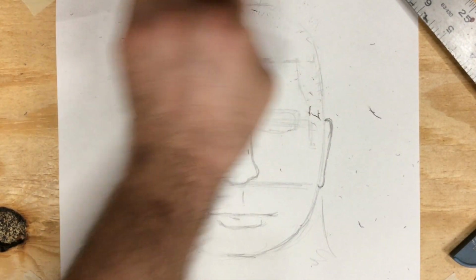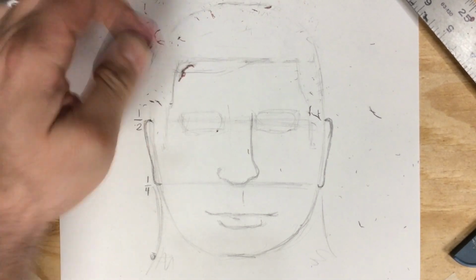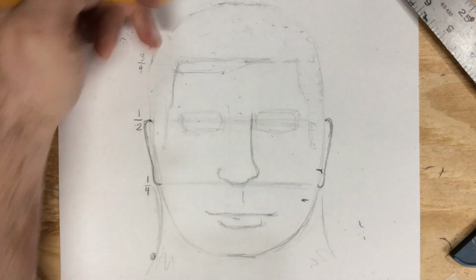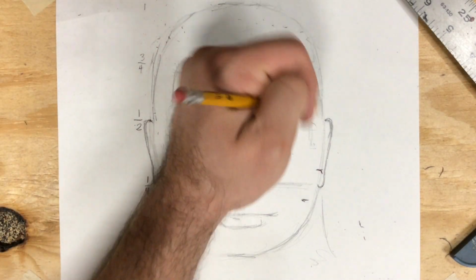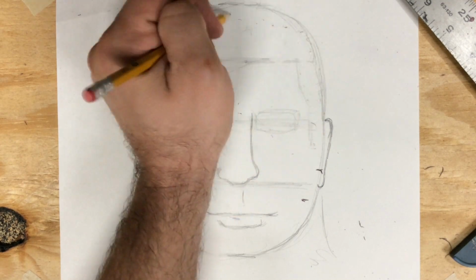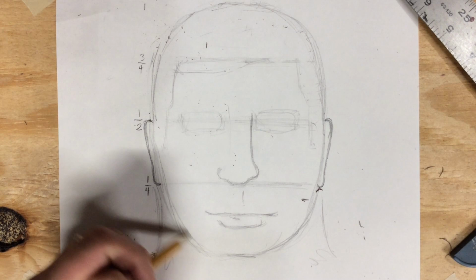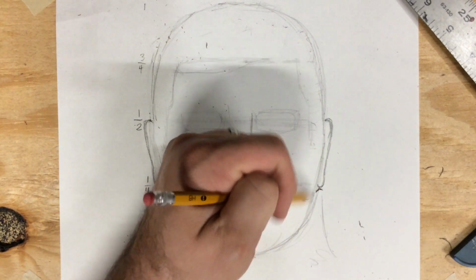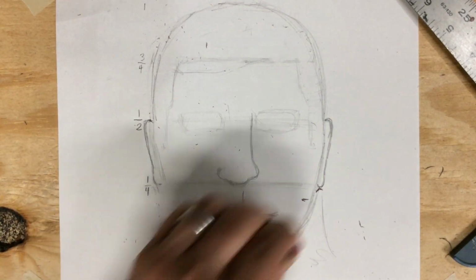If you make a mistake, don't erase everything. Just erase the part that you want to fix and fix it. I'm going to go ahead and thin that face out a little.